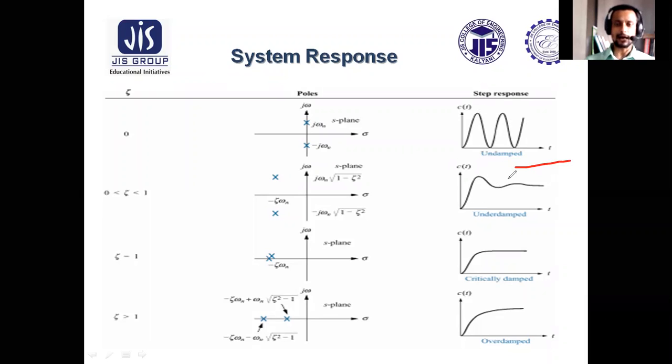This is an underdamped system, where the oscillation is damped out with time. This is a critically damped system, and this is an overdamped system. All these are step responses of different second order systems: undamped, underdamped, critically damped, and overdamped.